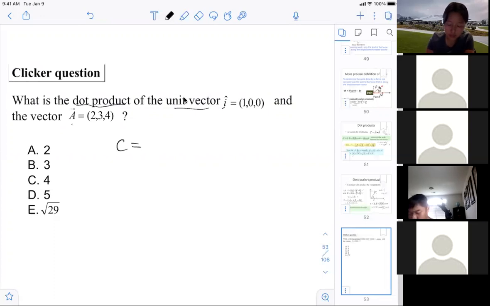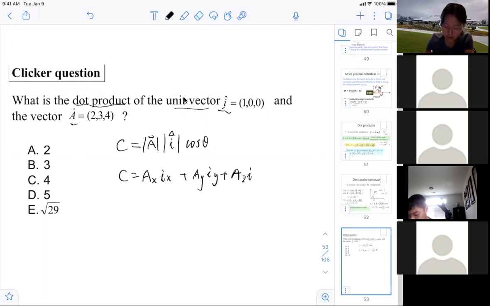Do you want to calculate C using A times, so if I'm calling this A, this is my I hat, cosine theta, or do you want to do AX IX plus AY IY plus AZ IZ. So which one do you want to use?